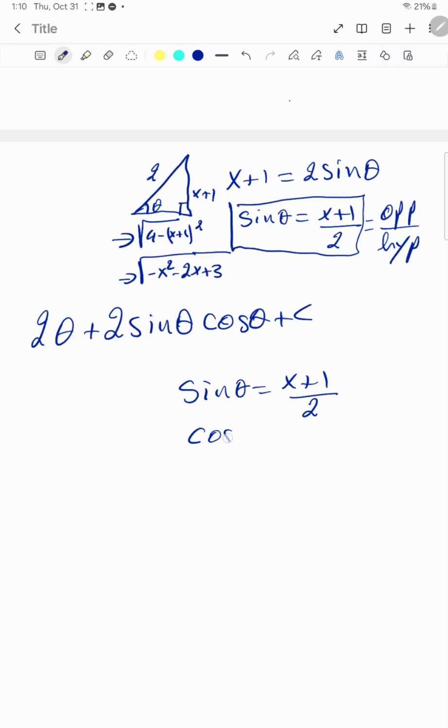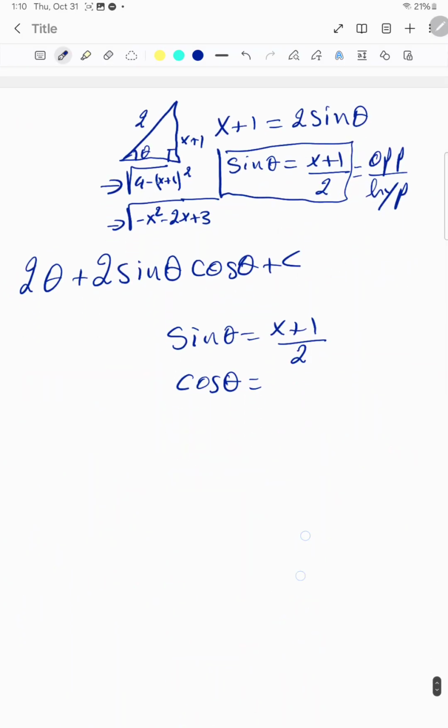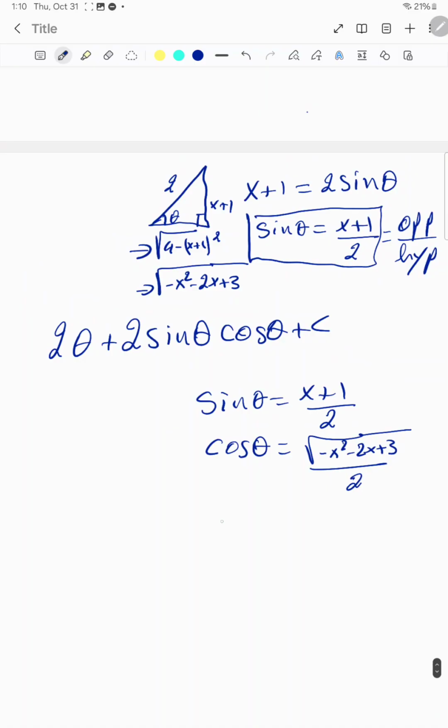I know that cosine of theta is equal to the adjacent, which is square root of minus x square minus 2x plus 3 divided by 2. And theta is equal to sine minus 1 of x plus 1 divided by 2, because I have sine theta equal to x plus 1 divided by 2.